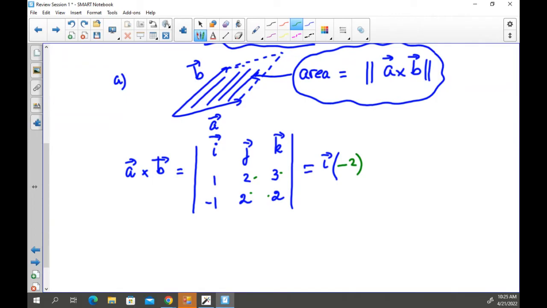And then after that, we take minus j, and then it's this times this, minus this times this. So it's exactly 5.